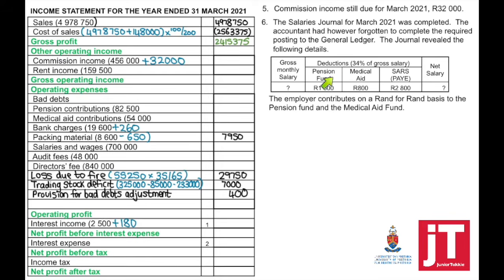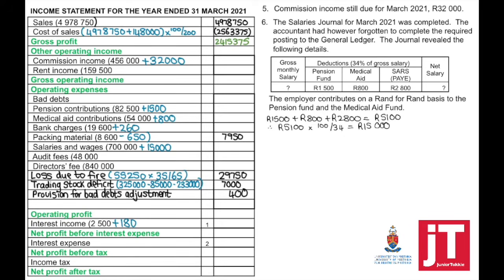They said to you the pension, medical aid and SARS, the total percentage of that is equal to 34%. So to calculate the gross, we are going to take all the deductions, which is equal to 5,100, and we're going to times it by 100 divided by 34. And that equals my gross salary.